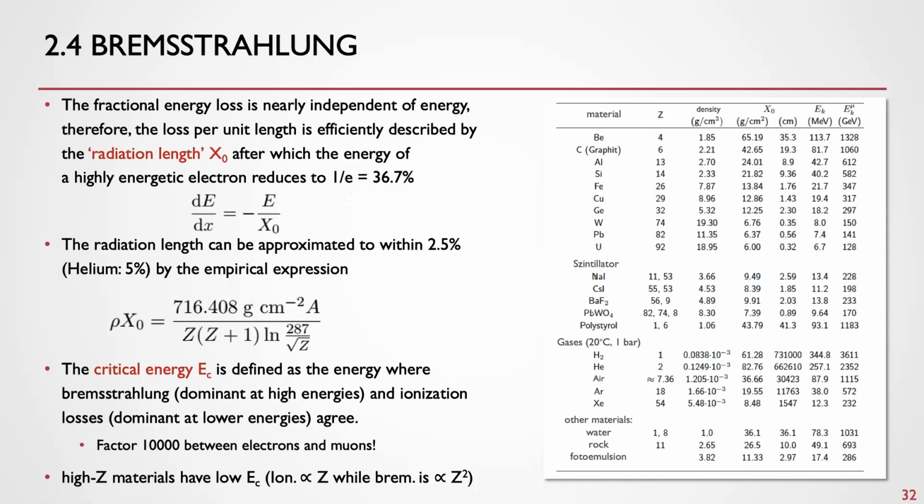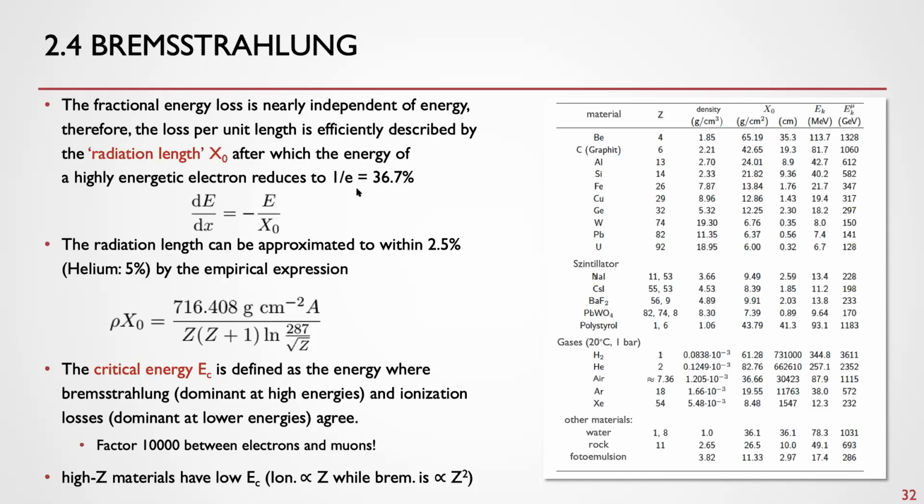If it is large, then bremsstrahlung energy losses are smaller and particles can travel further. I put to the right a table with material properties. We already know that bremsstrahlung is a coherent effect.